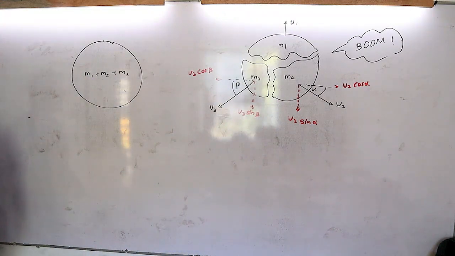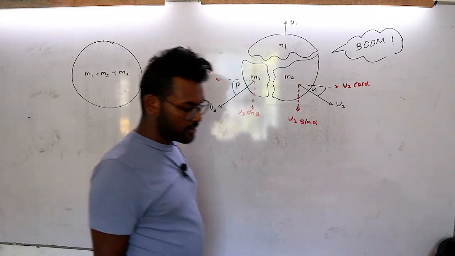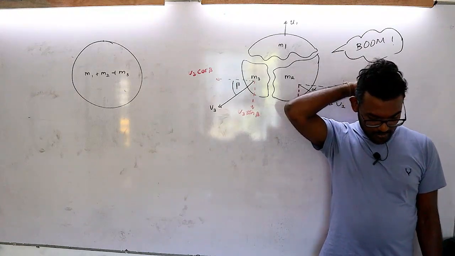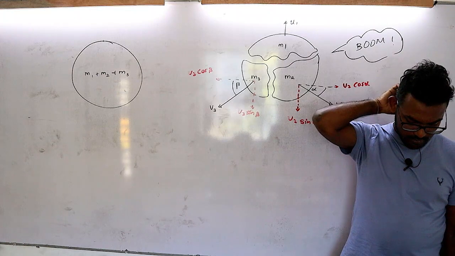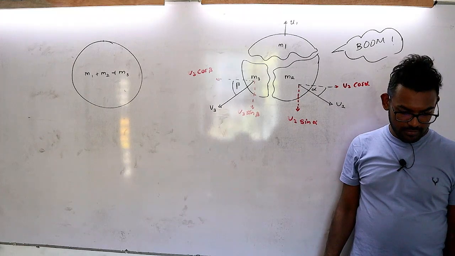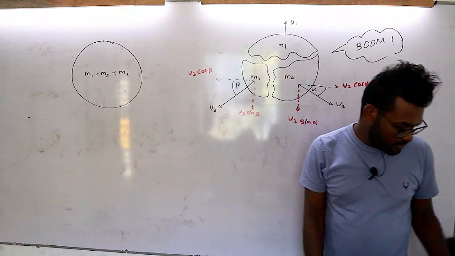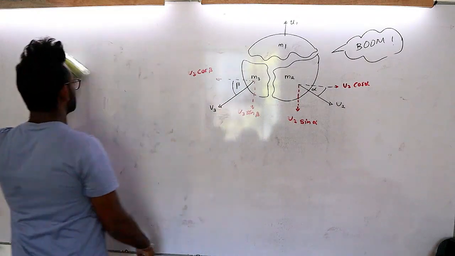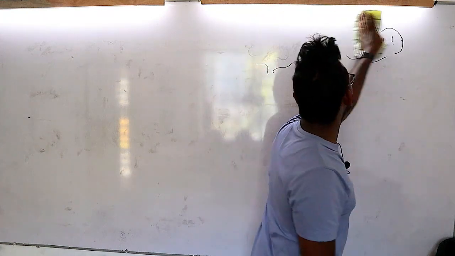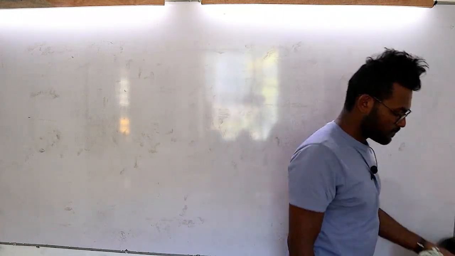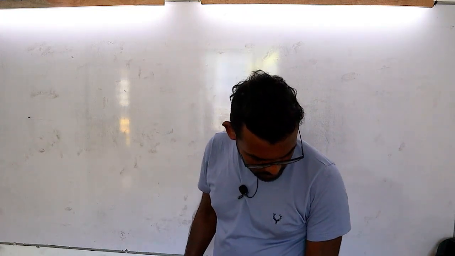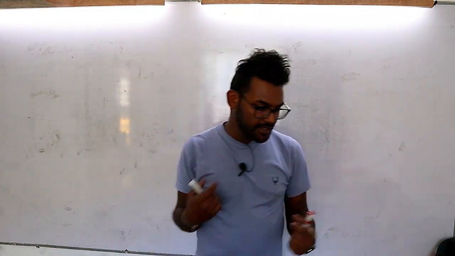For an object moving on another object. Right, we'll write like this.